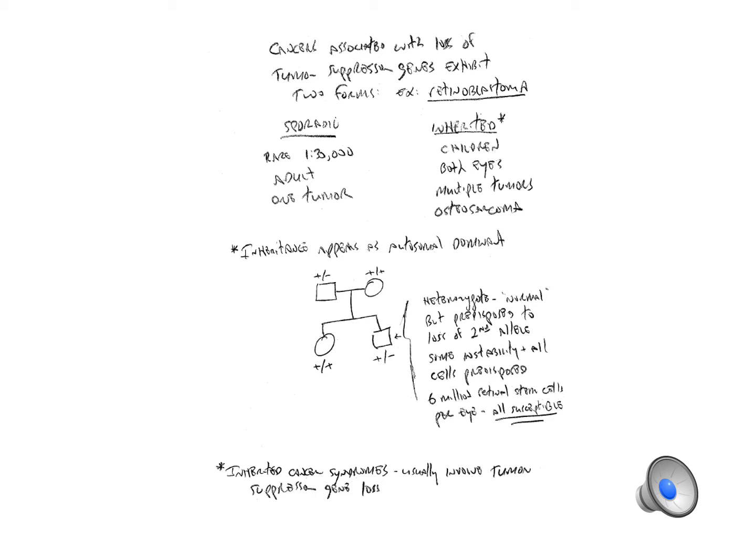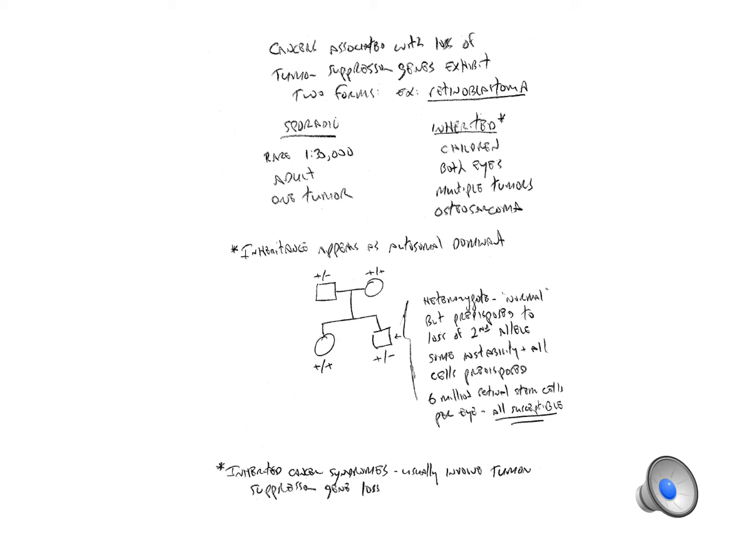So the pedigree, this small pedigree below, shows an inheritance of this. The father on the top has a wild type, which is the plus, and a mutant retinoblastoma gene. The mother has 2 copies of the normal, and then it goes through normal inheritance.